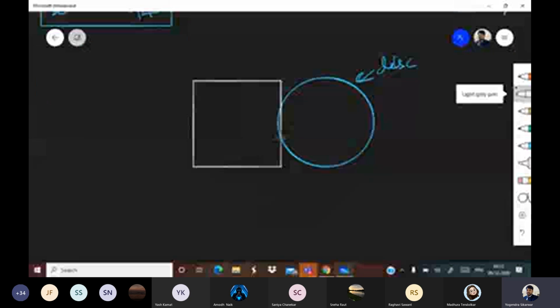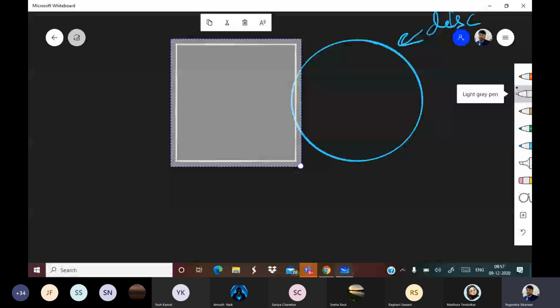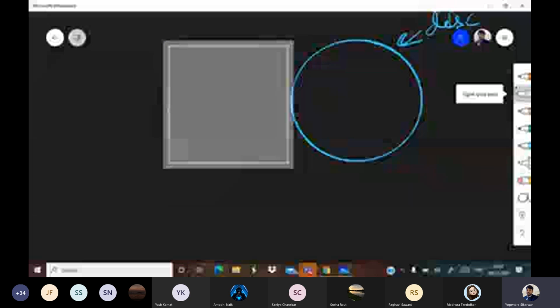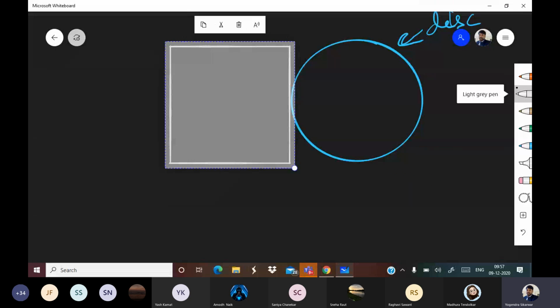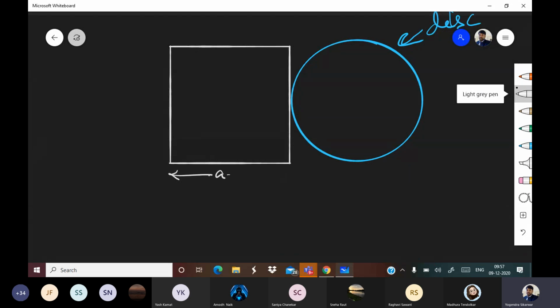And these are touching each other. It is not intersecting. I'm trying to remove it. Yes. Okay. So this is also A and this is also A.